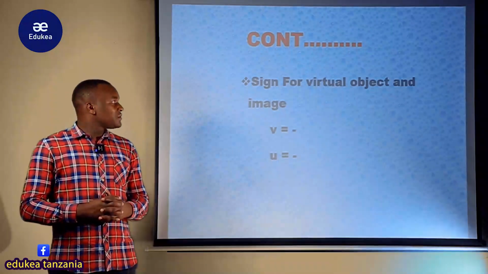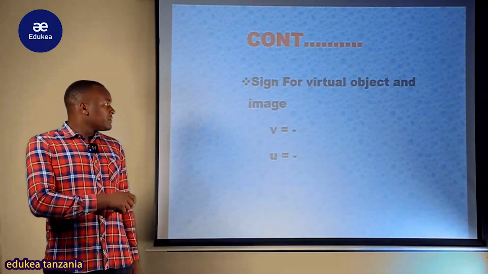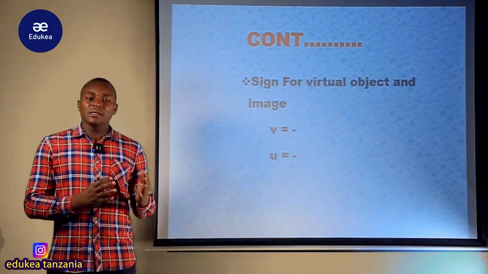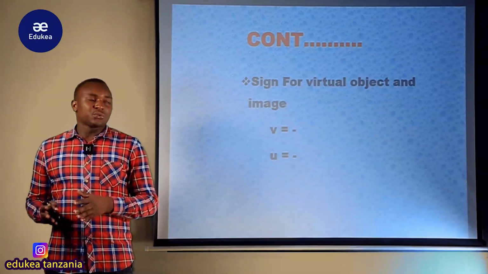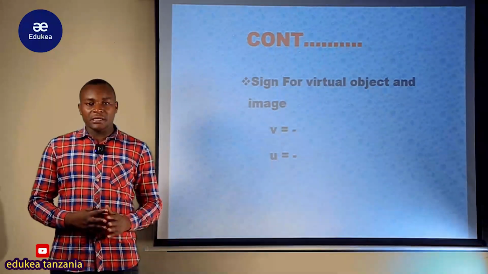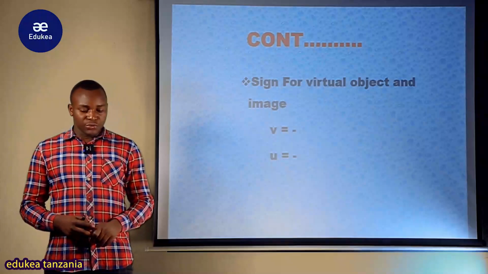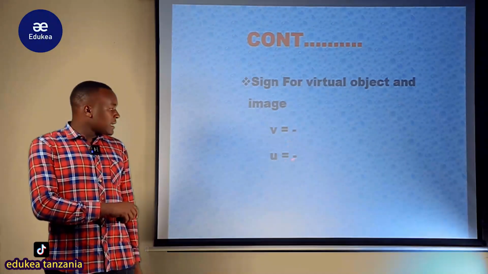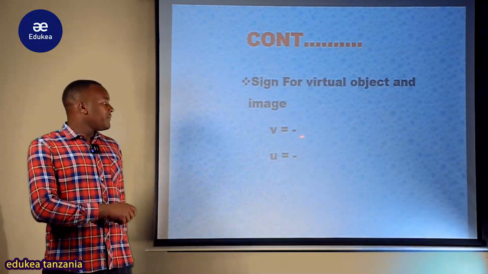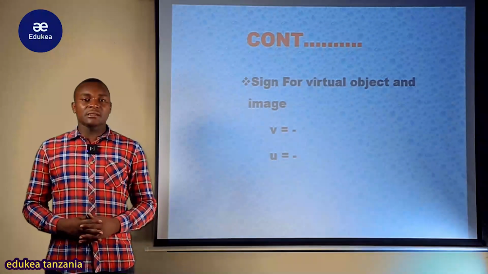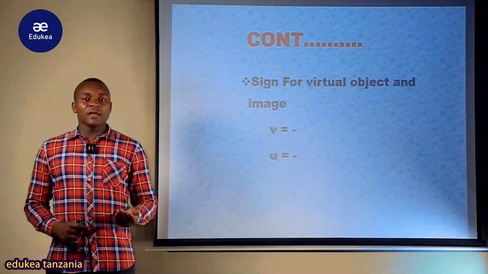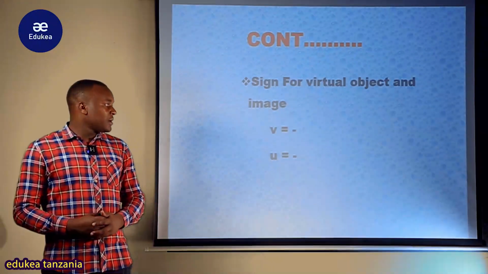When we talk about visual object and image, we say that v is equal to negative, means image distance is equal to negative, but also u ambayo ina stand for object distance will be equal to what we say negative. So for visual image and object, v, which is image distance, is equal to negative, but also u, which is object distance, is equal to negative.